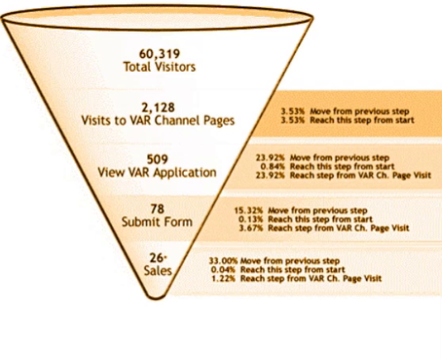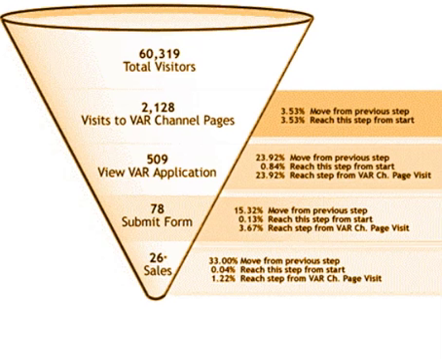For a more complex example in the graphic of another goal funnel, here's one where they want the user to submit a form. So if you have 60,319 total visitors, about 3.5% move on to the next step, 2,128 to the channel page. Then after that, you have about another 24% of those who end up viewing the application.